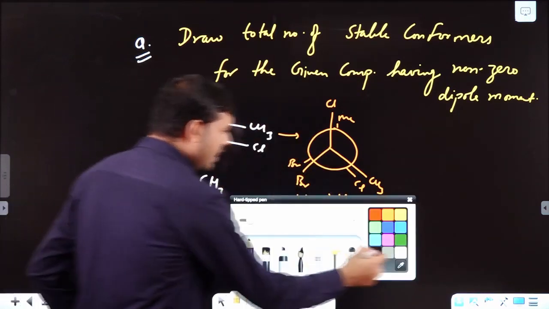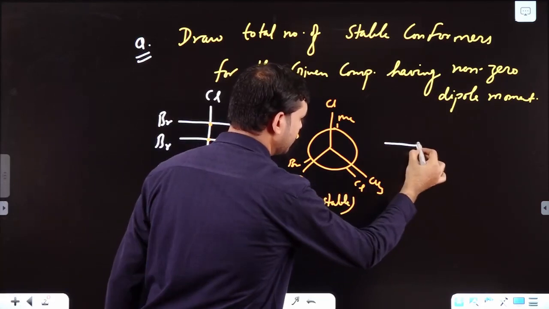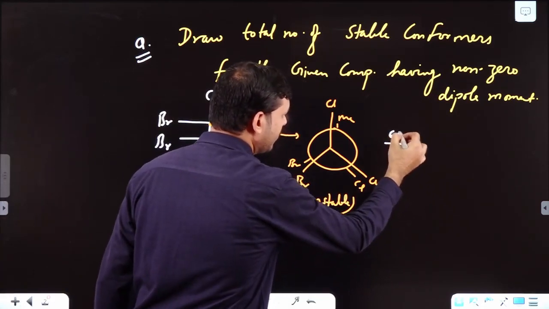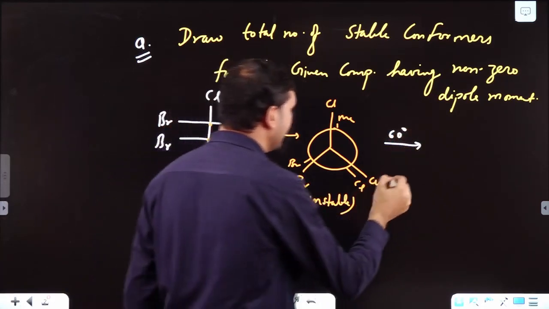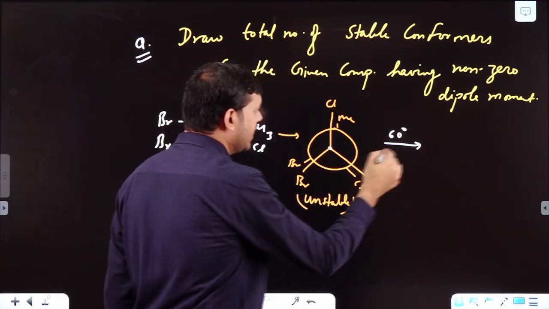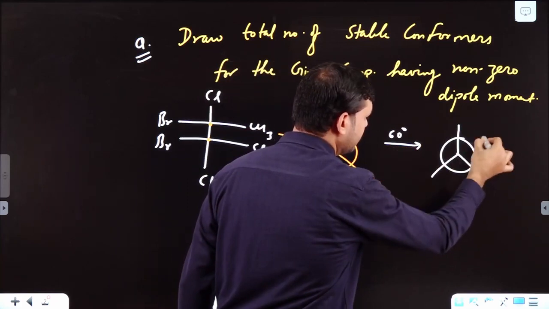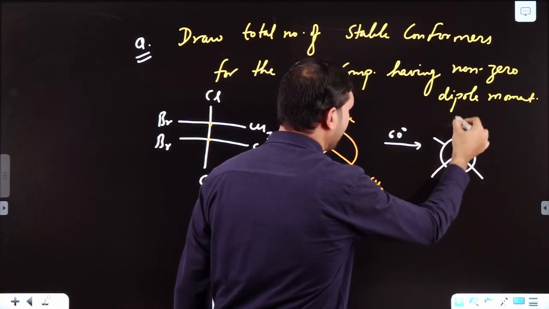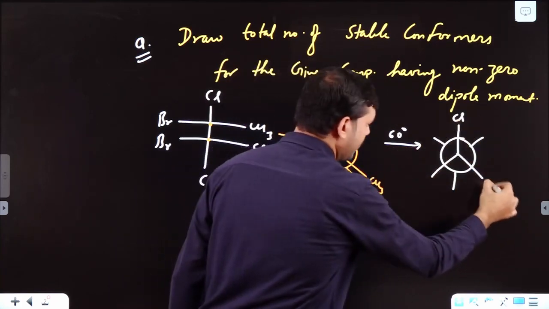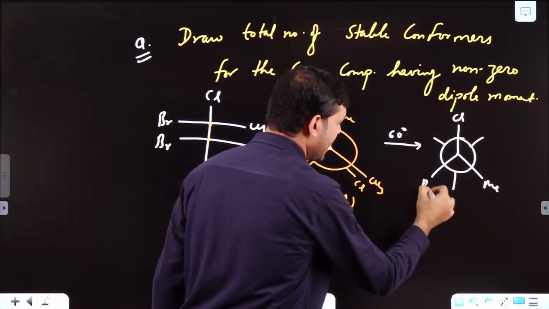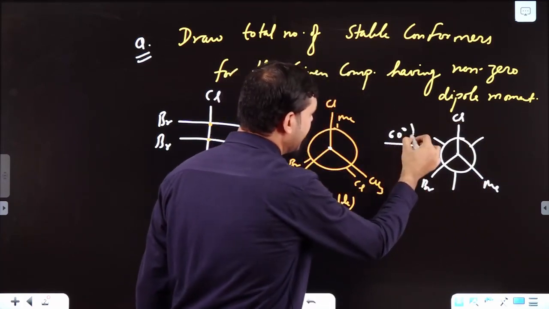Now first conversion is there. Now just rotate it by 60 degree. 60 degree rotation. What you will get? Keeping front as it is, rotating the back part, you will get Cl, Me and Br as it is, clockwise 60 degree. Okay.